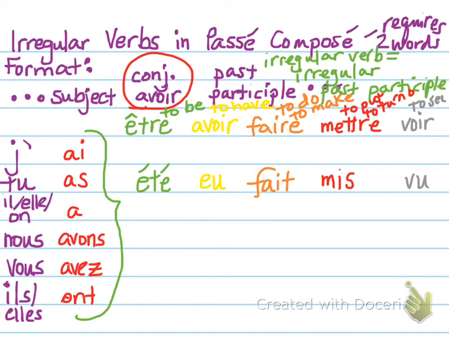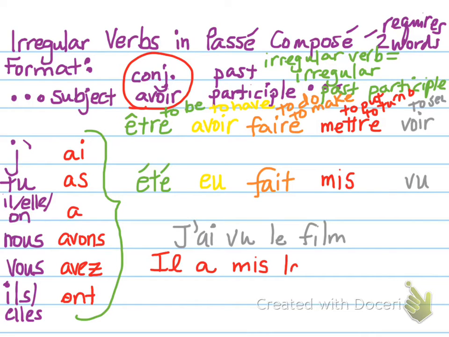So if I want to say that I saw the movie, it'd be j'ai vu le film. If I want to say that he set the table, it'd be il a mis la table.